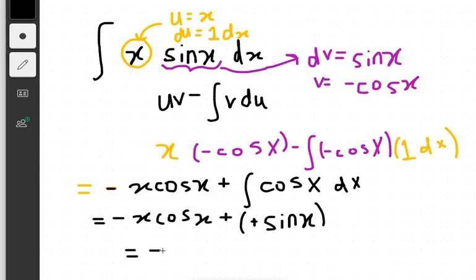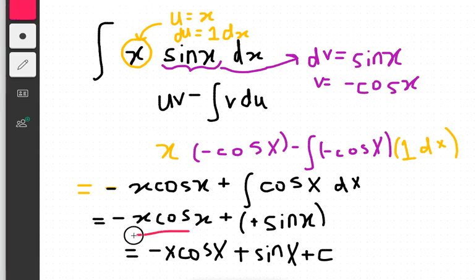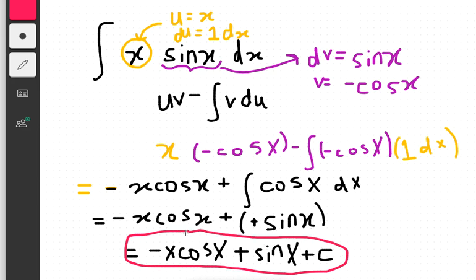So your answer is negative x cos x plus sine x, and remember you always have to add a C when you're finding the antiderivative. So this is our final answer. Yep, that's all.